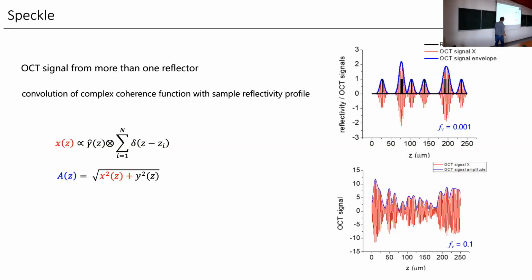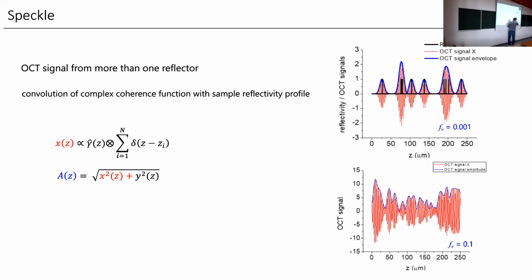This would be when the number of mirrors is really low, so you can still distinguish the separate reflectors. As the number grows, all the signals start to overlap, and in the end you get just one big random fluctuation due to all these random positions of the reflectors.